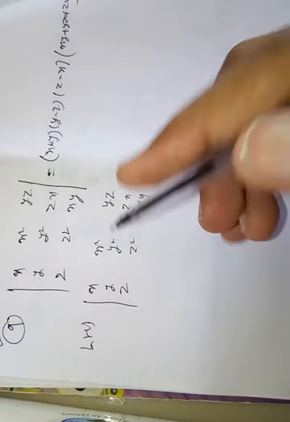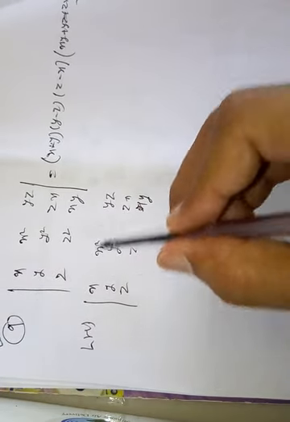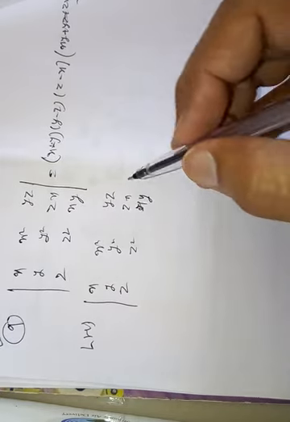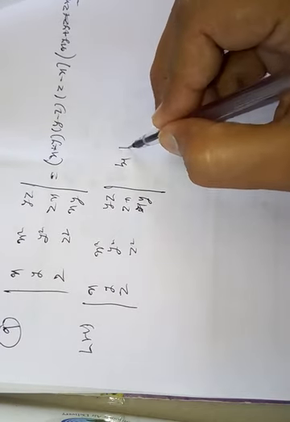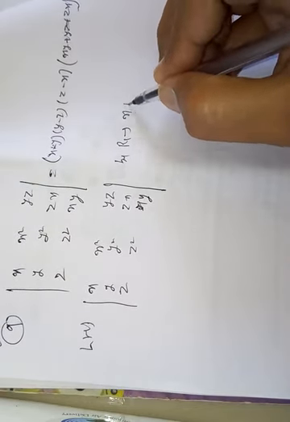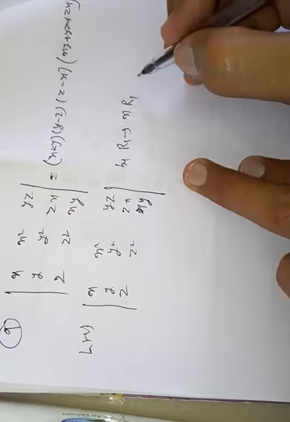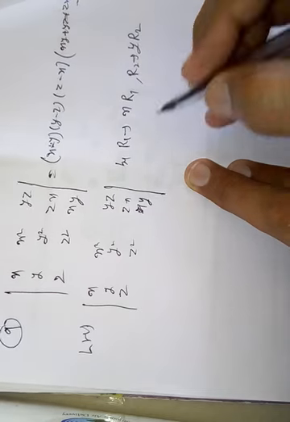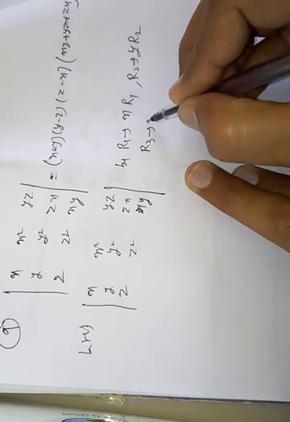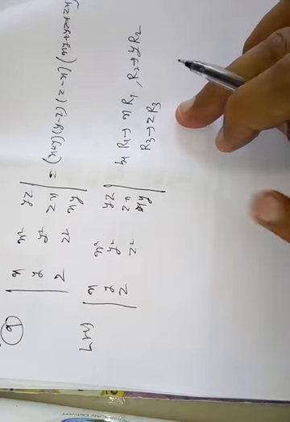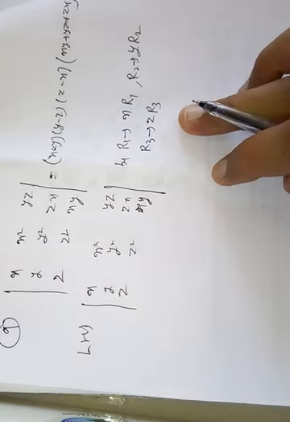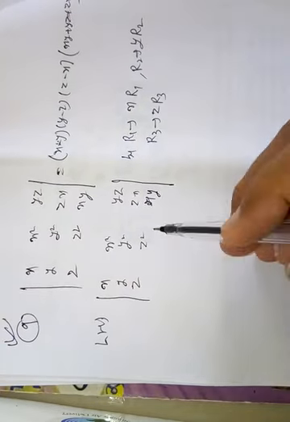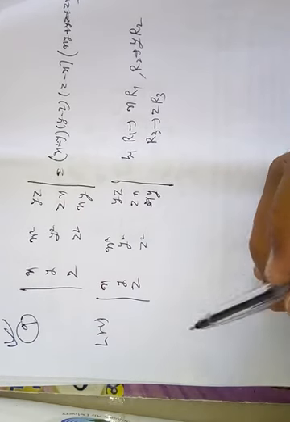Multiply by x in R1, y in R2 and z in R3. So R1 tends to x multiply R1, R2 tends to y multiply R2, and R3 tends to z multiply R3. The multiply changes to divide. This is just the same but changed in this form: multiply inside and divide outside.